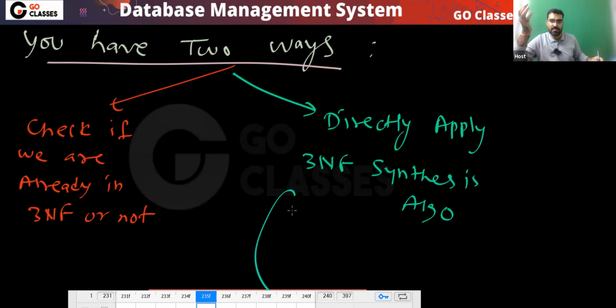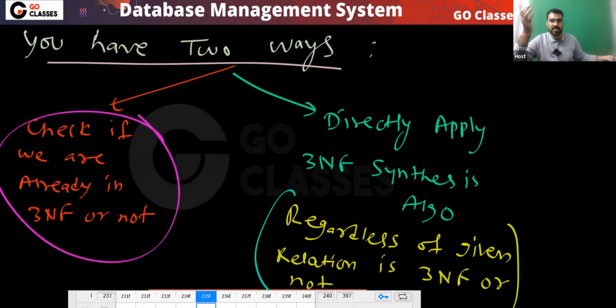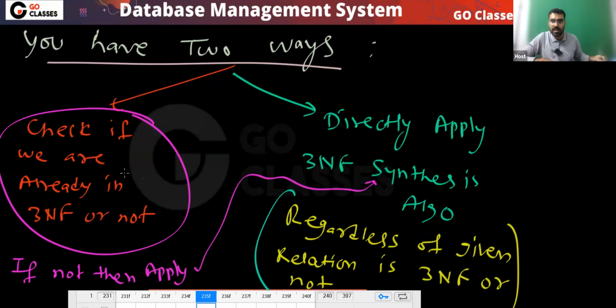Or, you check whether it is 3NF, and if not, then you apply the synthesis algorithm. So these are the two ways.